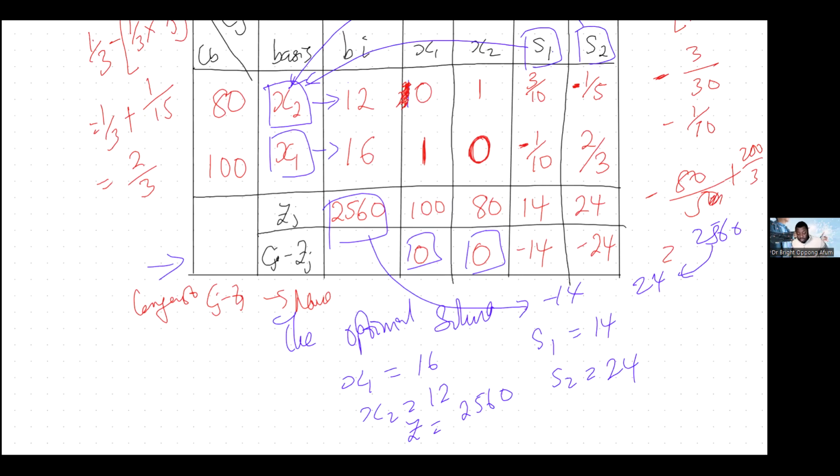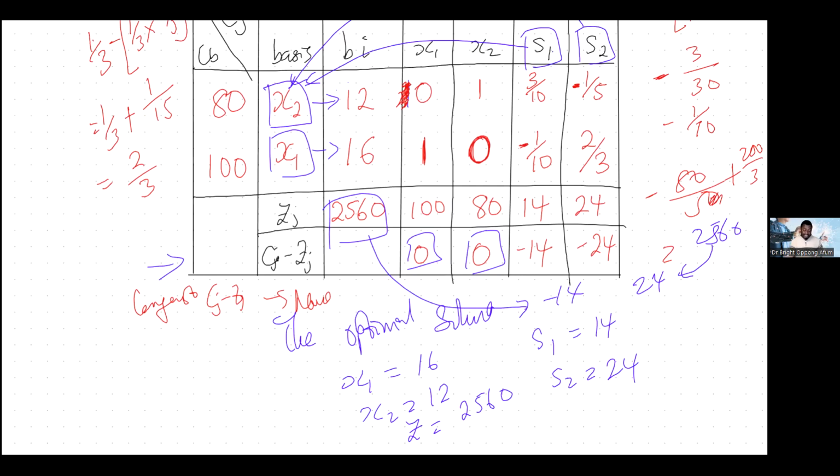So in summary, the simplex process for maximization will transform the problem into a standard form by converting all the inequalities into equations with slack variables. So you have to add slack variables. Then after getting the standard form, you set up the initial tableau. Then you determine the non-basic variable which is entering the solution. That is the pivot column, the most positive value of the Cj minus Zj.